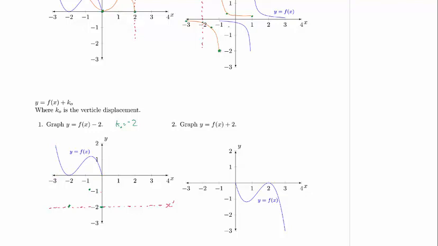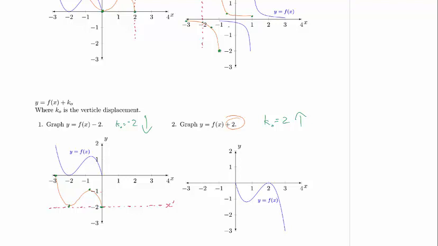Alright, so now we simply connect the dots, and we have ourselves a nice shifted function there. And in this one we have +2, so we are going to be shifting up by 2 units.